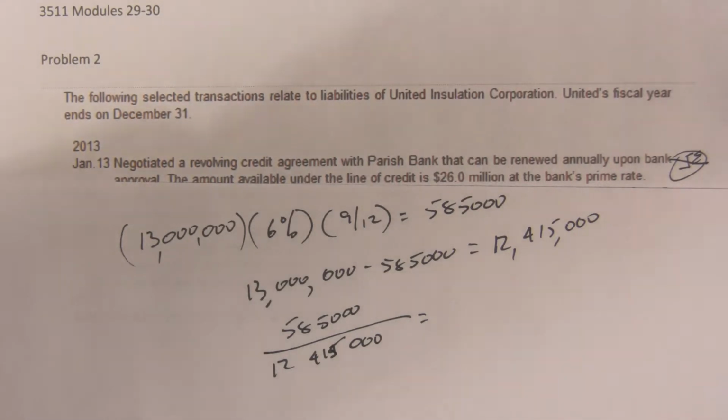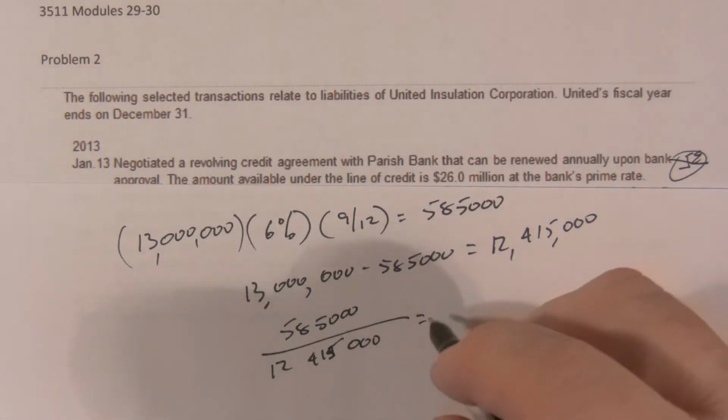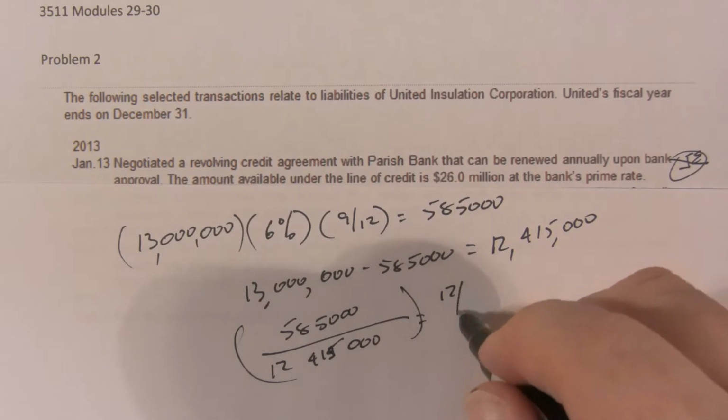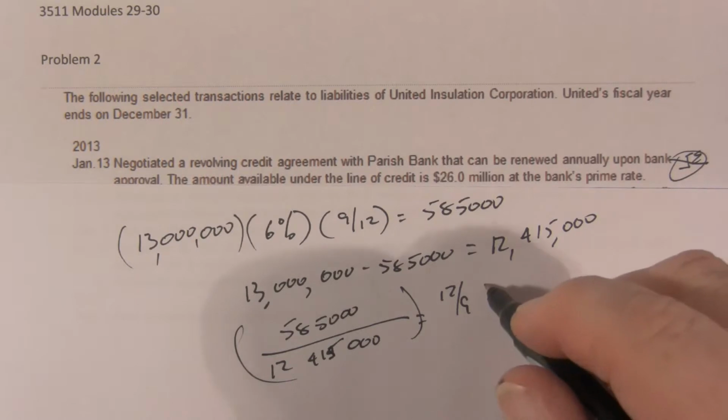When you divide the $585,000, the discount, by 12,415,000, we want to know what percentage of 12,415,000 is 585,000, and then we have to multiply that by 12/9.